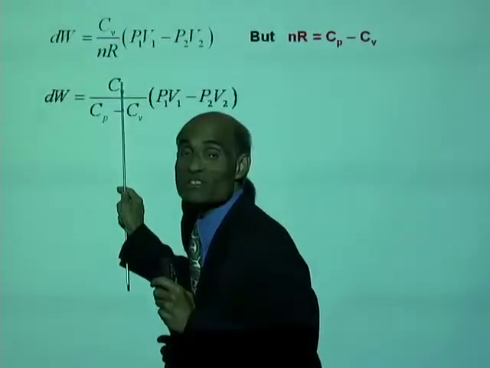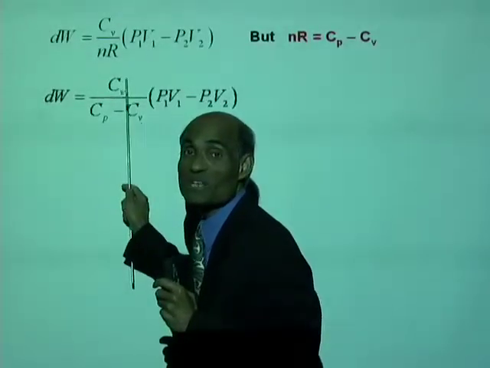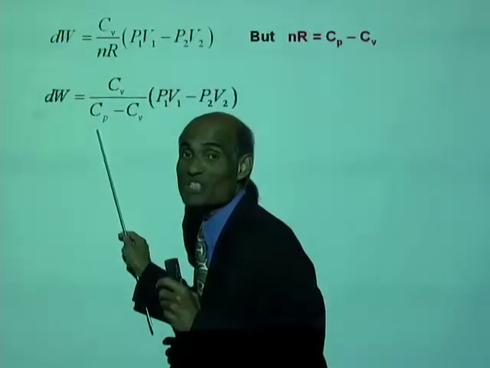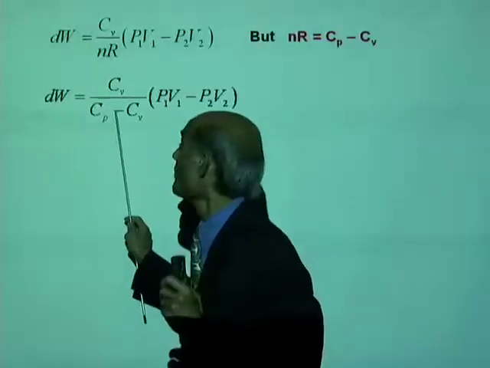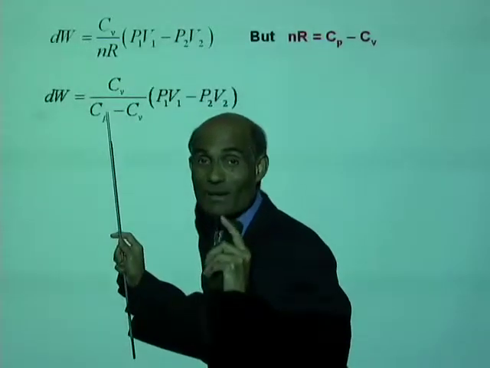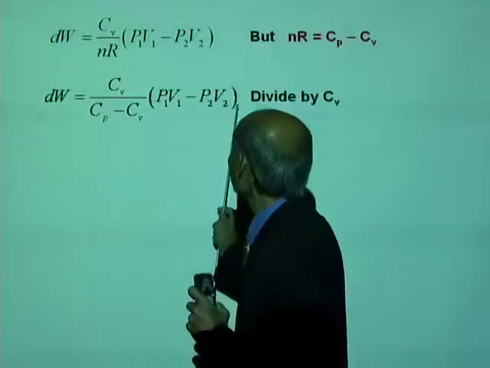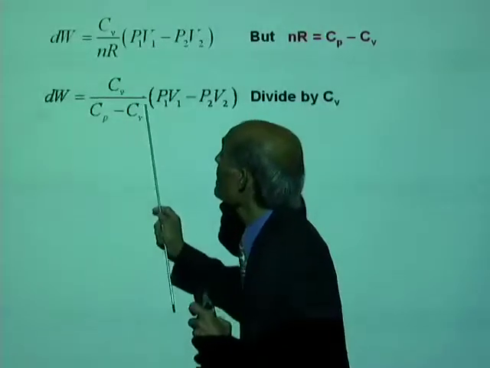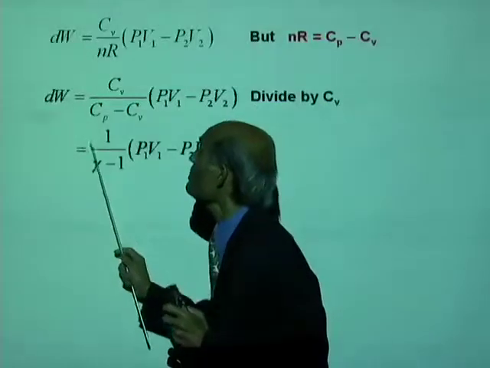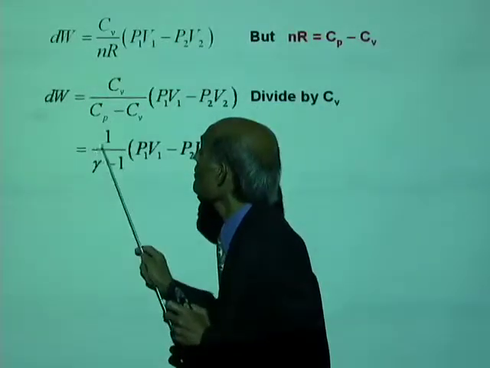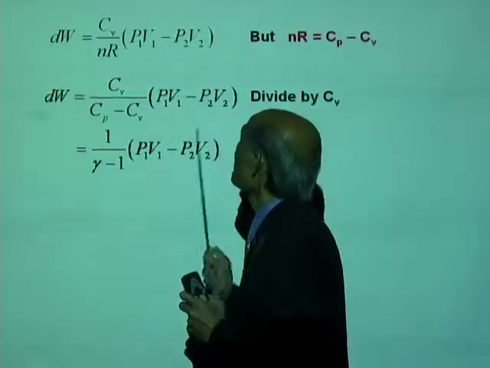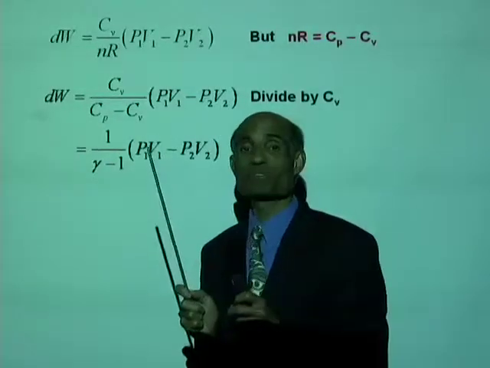On the numerator, Cv divided by Cv will be 1. On the denominator, Cp divided by Cv will be gamma, minus Cv divided by Cv will be 1. So we get dW equal to 1 over gamma minus 1 times P1 V1 minus P2 V2.